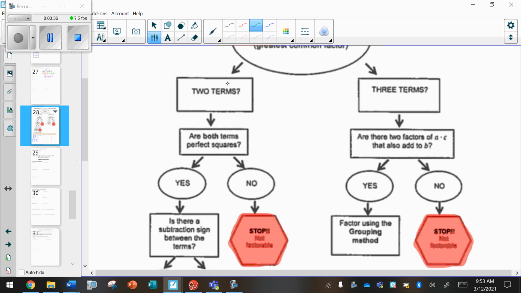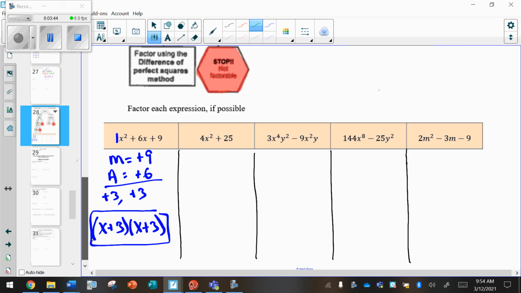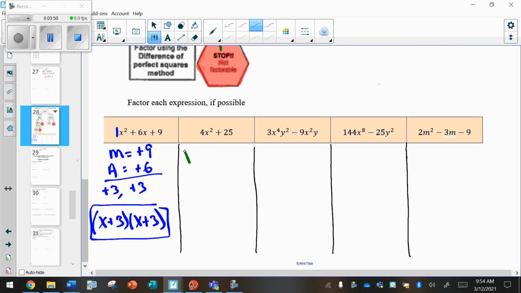Yes. So I have two terms, and they are both perfect squares. Is there a subtraction sign between them? No. So I stop because it does not factor. Okay, nice. Makes it easier.